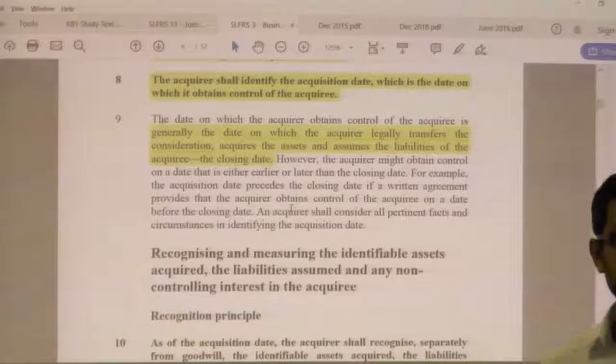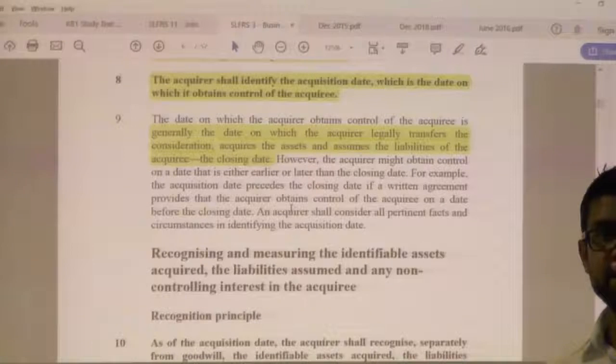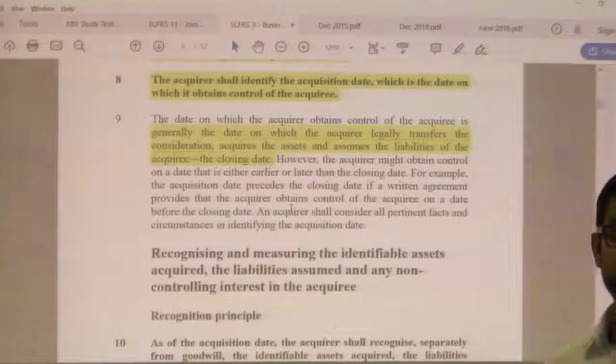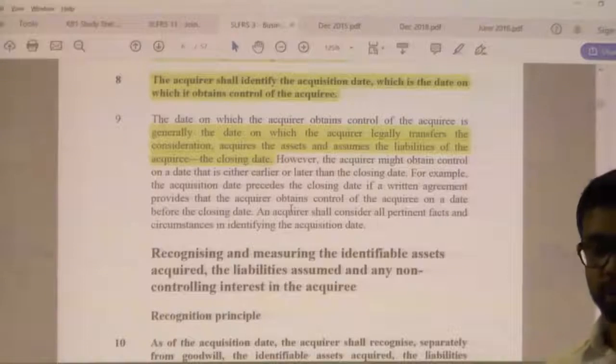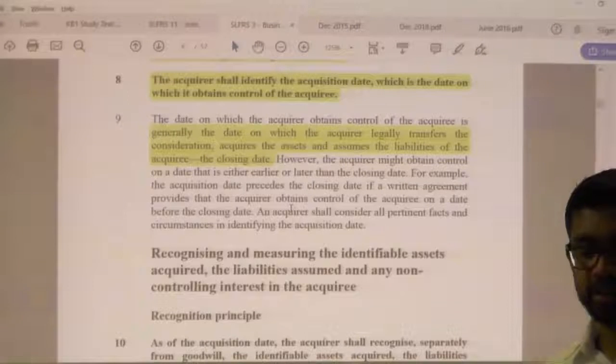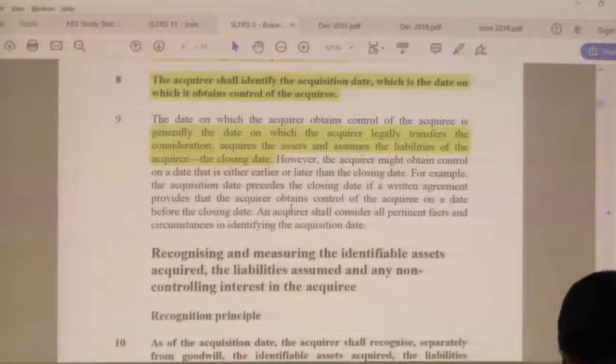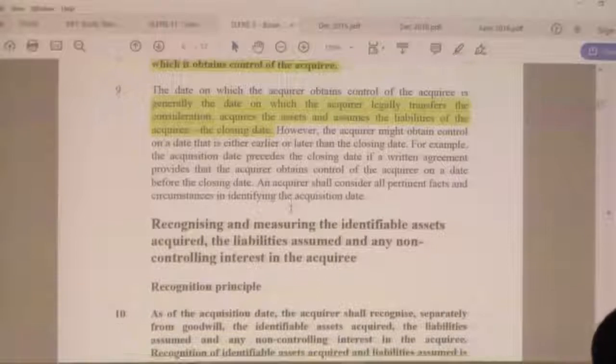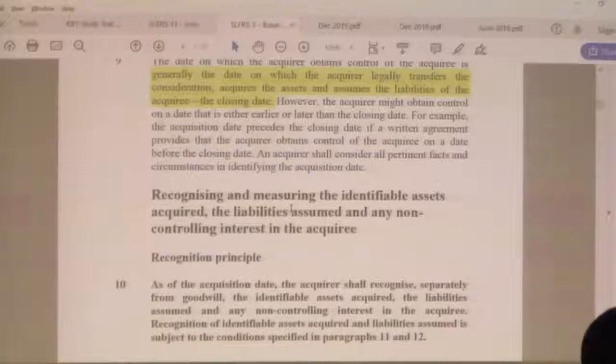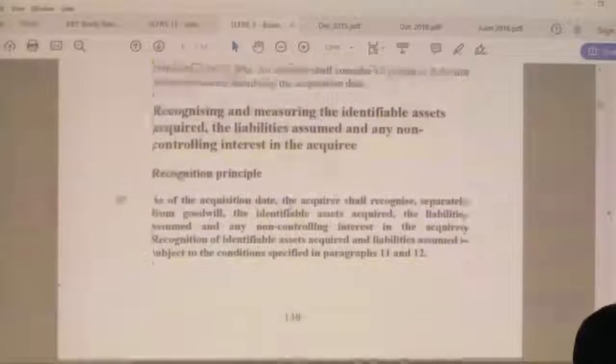Net assets of the subsidiary at the date of acquisition. So, the acquisition date is much more important. If you select a wrong date, you might not be able to find the relevant goodwill in a business combination, right? Fine, acquisition date.